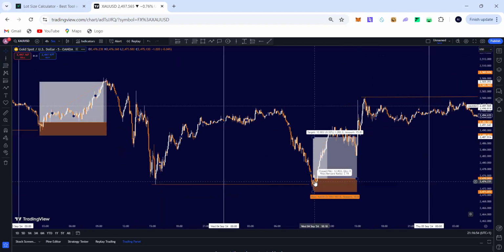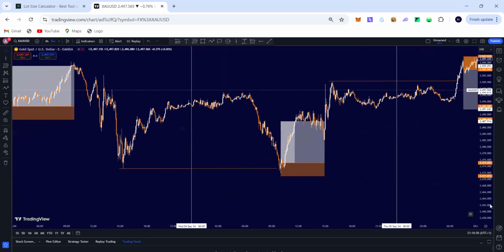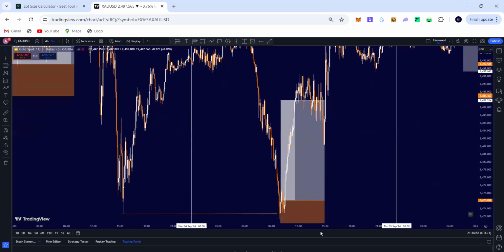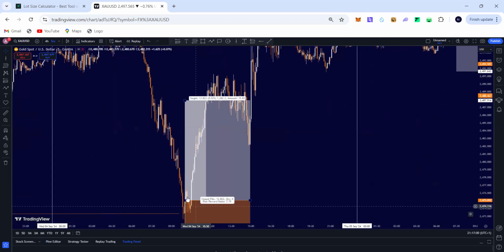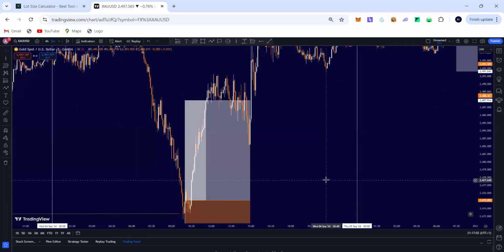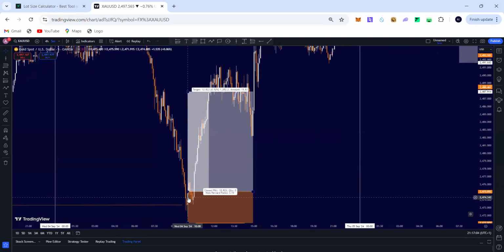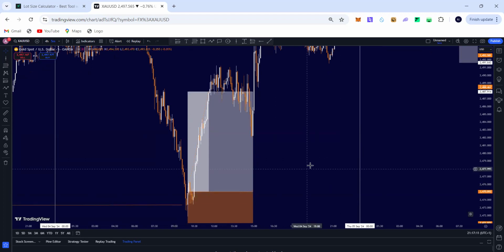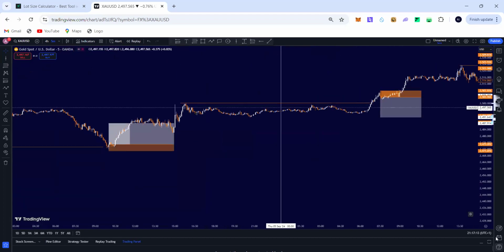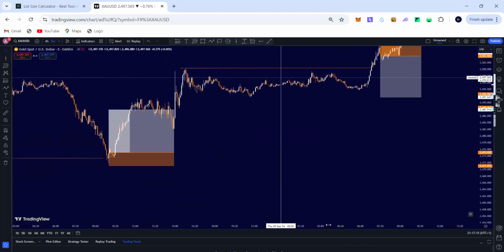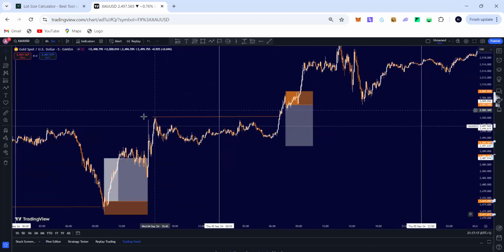Another one again, same thing. See where we entered, from the second candle. You can see that it took out this bearish candle for us to start buying. And then we come to another day, which was this zone.